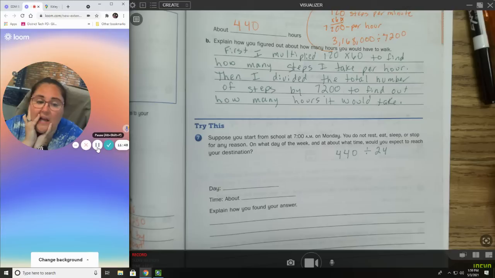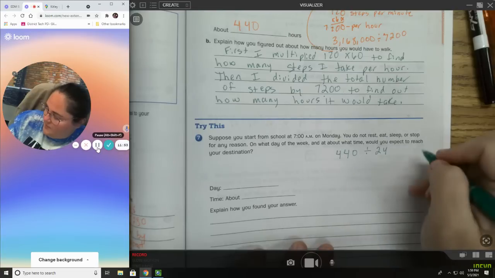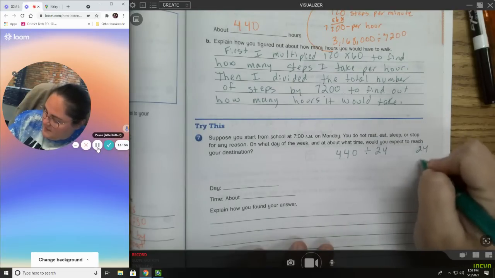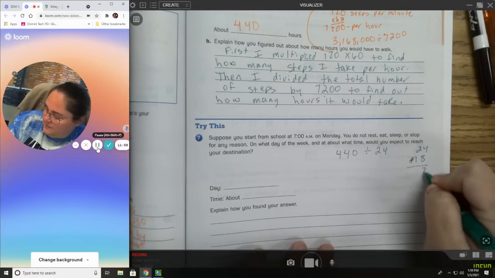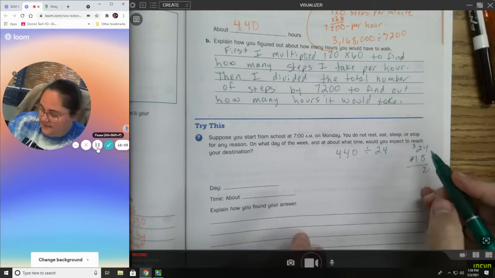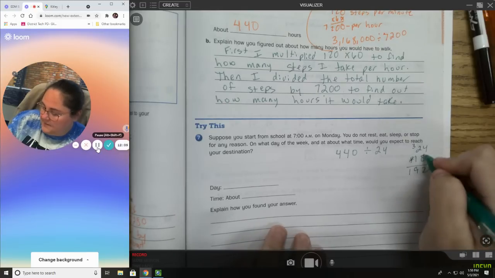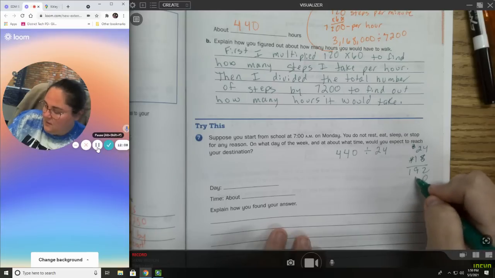On this one, I went ahead and used my calculator. I figured out that it would go in there a little bit more than 18 times. So I'm going to start by doing 24 times 18. 8 times 4 is 32. Carry my 3. 8 times 2 is 16, 17, 18, 19. Then 1 times 4 is 4. 1 times 2 is 2.